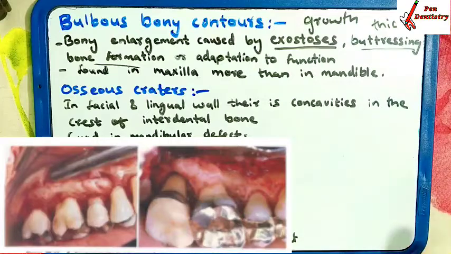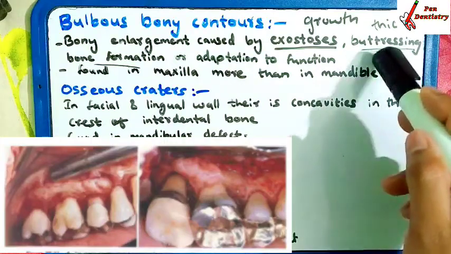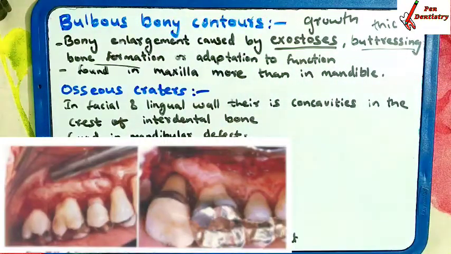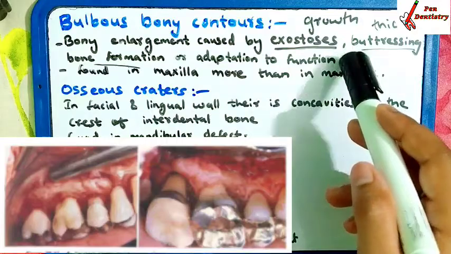When the occlusion is adapting to function, the changes happening in the bone are known as buttressing bone formation, or adaptation to function.